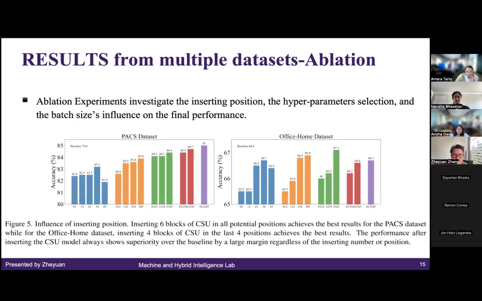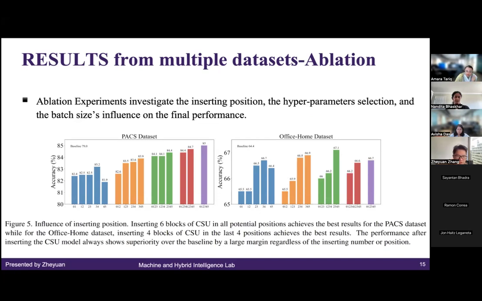Several ablation studies have also been conducted to investigate the influence of the inserting position, the hyperparameters and the batch size on the final performance. Overall, inserting the correlated uncertainty blocks in all positions achieves the best performance for the PACS dataset.